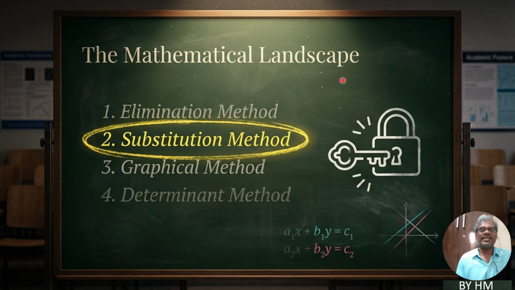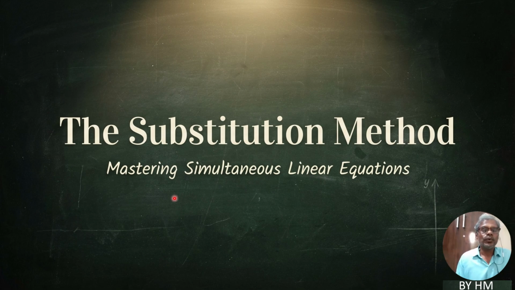The mathematical landscape for solving simultaneous equations involves the elimination method, substitution method, graphical method, and determinant method. Today we are going to see the substitution method and mastering it for solving simultaneous linear equations.